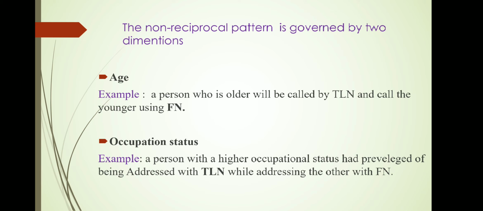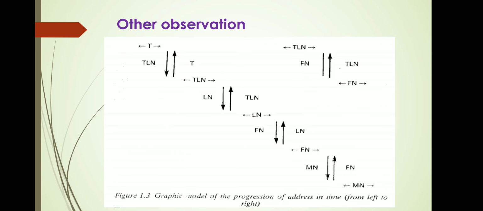Brown and Ford also made a number of other interesting observations. Here we have this graphic. They noticed that there was a natural progression from mutual title last name to non-reciprocal title last name, first name, to mutual first name, right?